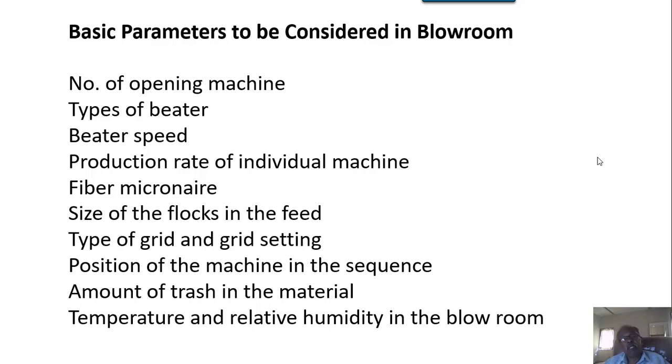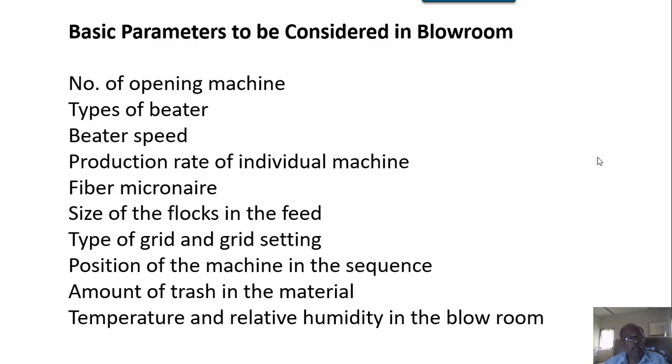Type of grid assisting element or grid bars and grid bar setting, that distance, plays a very important role. It decides the intensity of the beating action. Position of the machine in the sequence, what kind of machine the previous machine feeds to this machine, decides its efficacy.